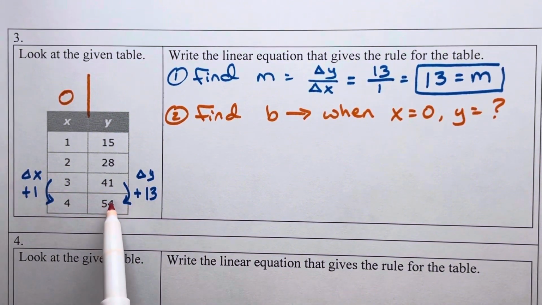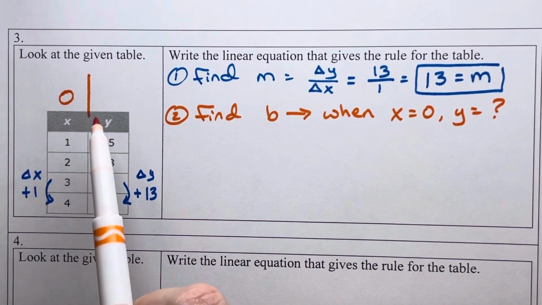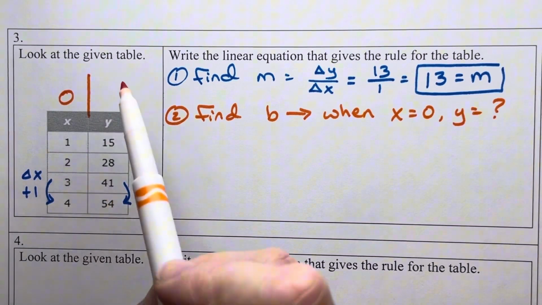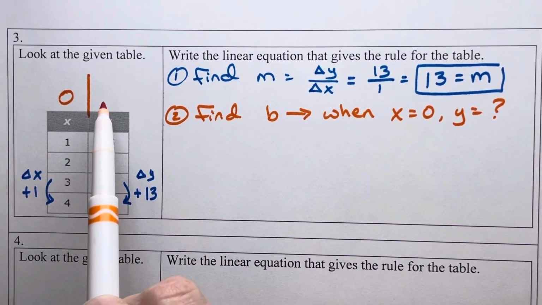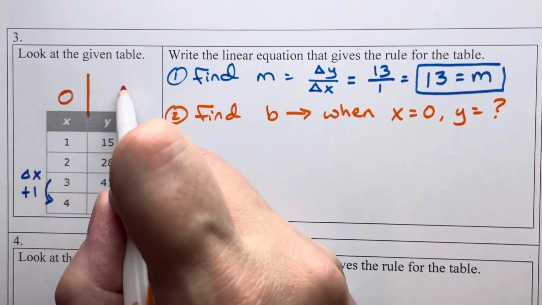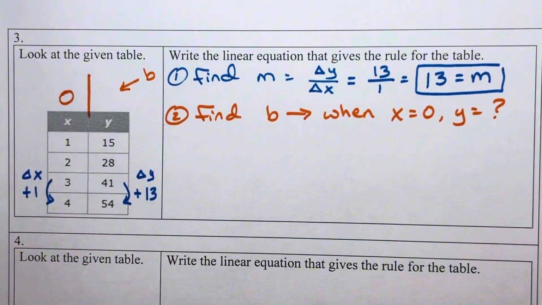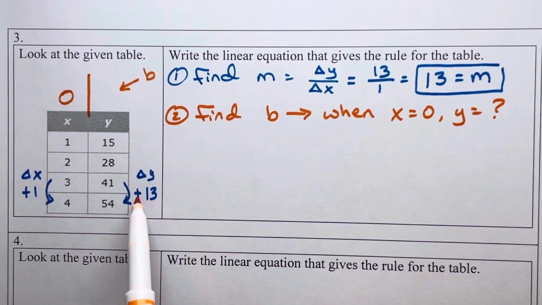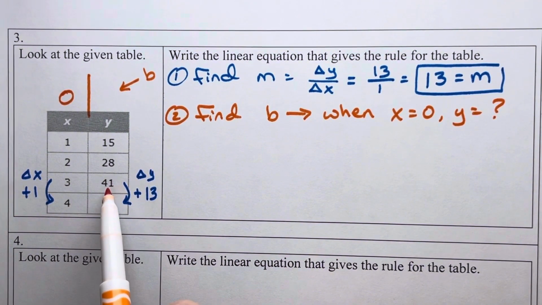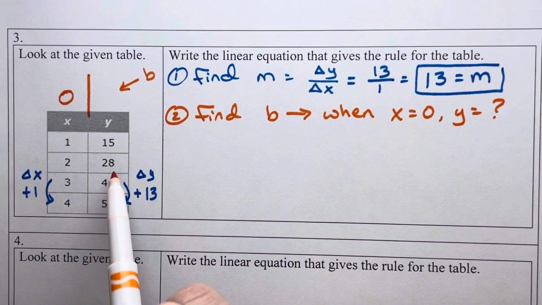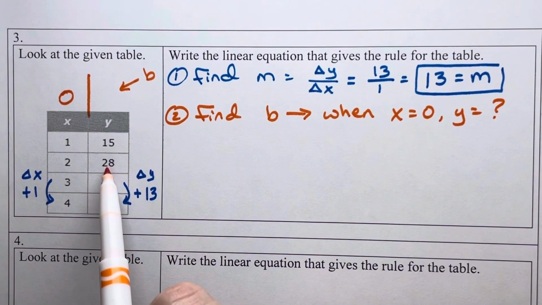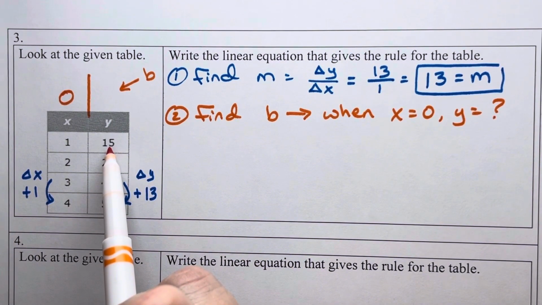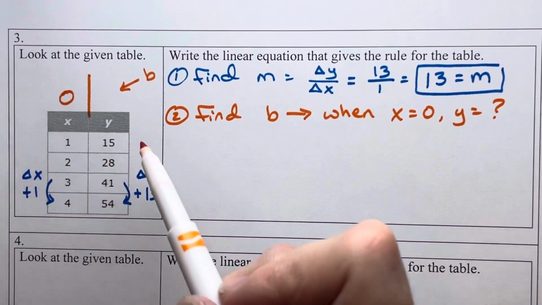So now we use the pattern of the y's to walk us backwards to this one location, as this will be our b. Whatever that is, we have to go find it. So 54 minus 13 will give us 41. 41 minus 13 gives us 28. 28 minus 13 gives us 15.